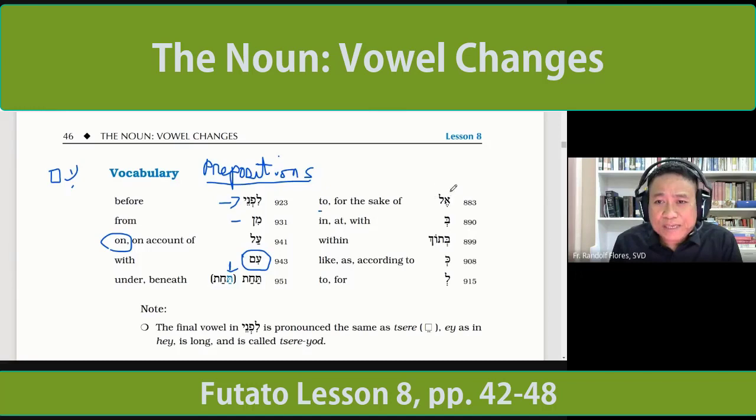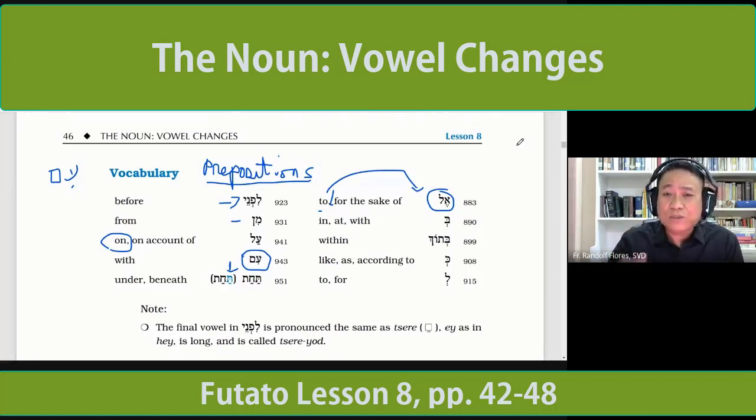To is el when it's about movement. Okay. I am going to Manila. I'm going to Tagaytay. Or sometimes we say for the sake of, but better this, to as motion. El. That's el. Okay. In is be. Bereshit bara Elohim.